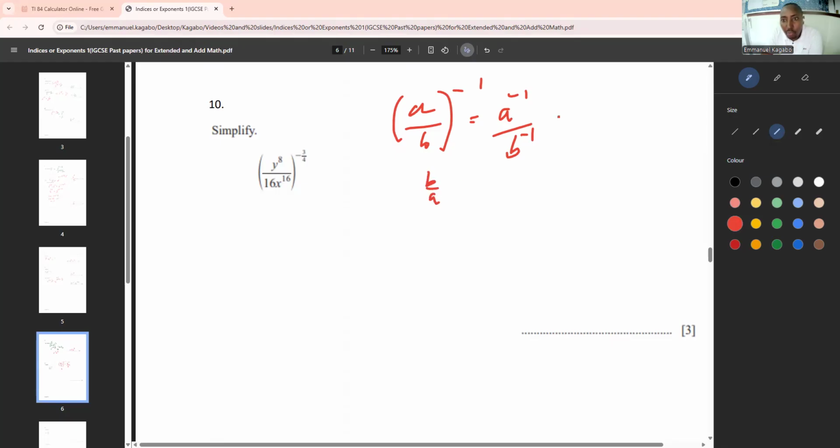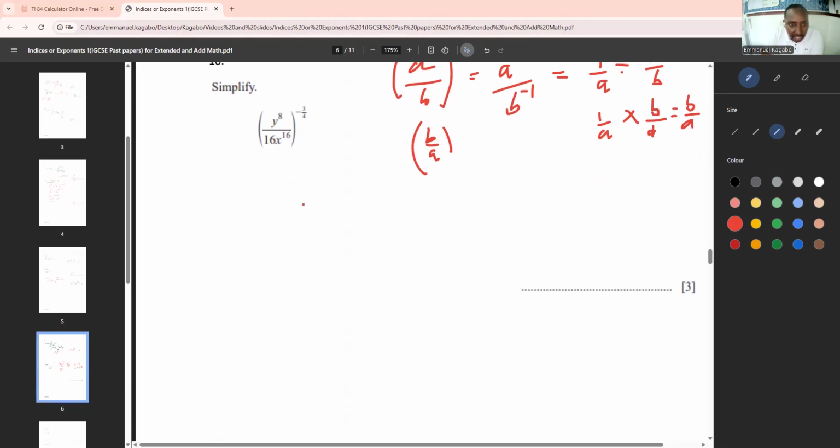If you want, I can continue here: 1 over a divided by 1 over b gives me 1 over a times b over 1, and then gives you b over a. All together, guys, this is that. So instead of wasting your time doing that, you just write this and you're done.